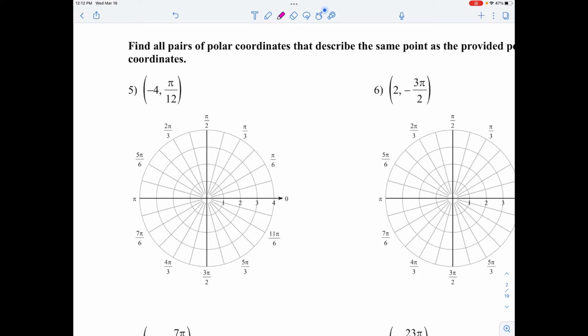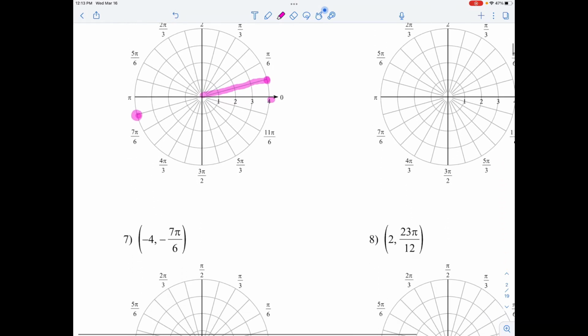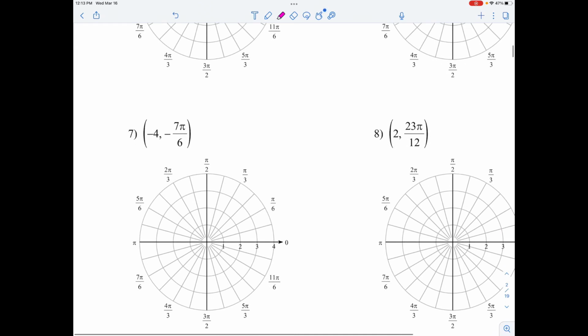Normally pi over 12 would be somewhere between 0 and pi over 6. And so if we were going to do 4, it would be here, but since we're doing negative 4, it's going to come and be here. Okay? So you start with the angle, you find the angle, and then you do the radius.